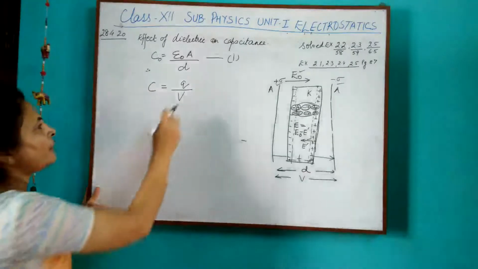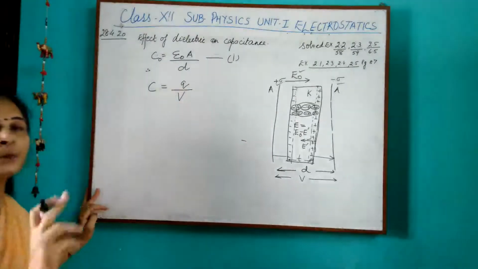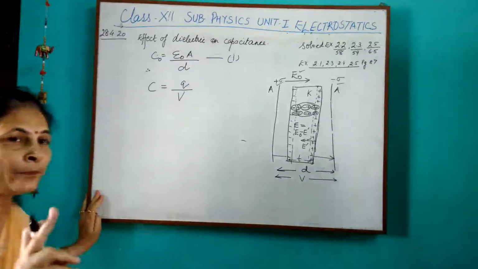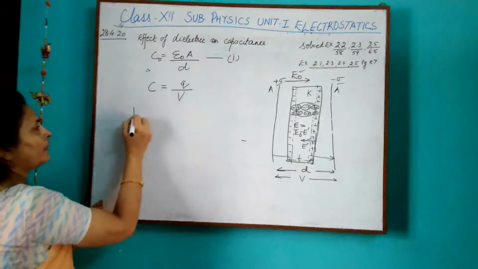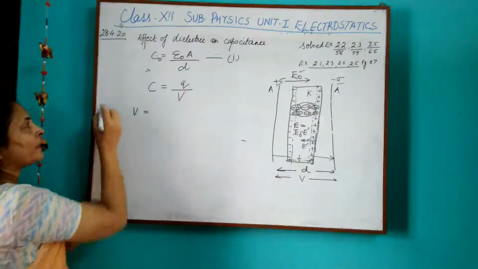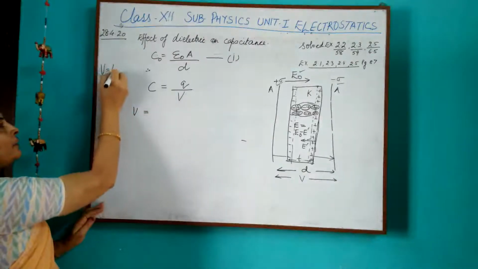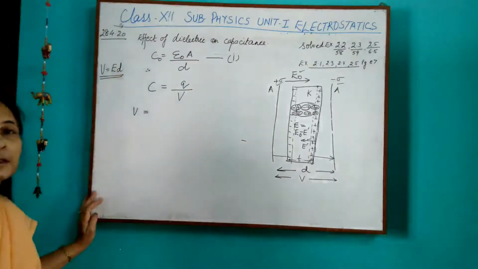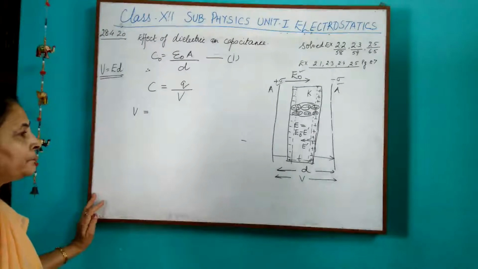Now I'll find out the value of V exactly in the same manner as we had done in the parallel plate capacitor. Now what is V? You already know that it is electric field into distance. This we did yesterday.